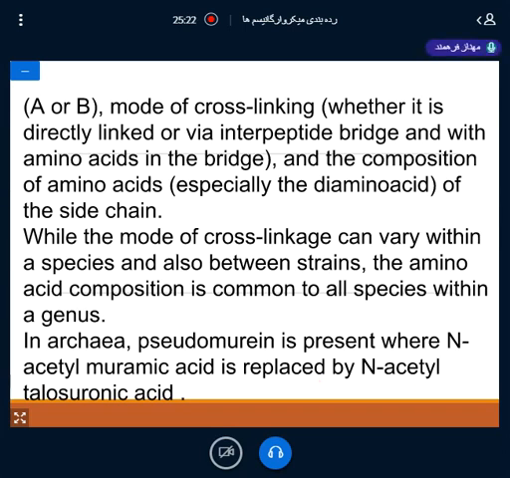The A or B mode of cross-linking, whether it's directly linked or via an interpeptide bridge, and with amino acids in the bridge, and the composition of amino acids, especially the diamino acid of the side chain.